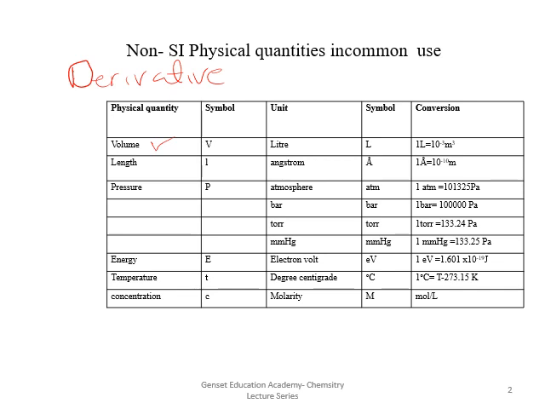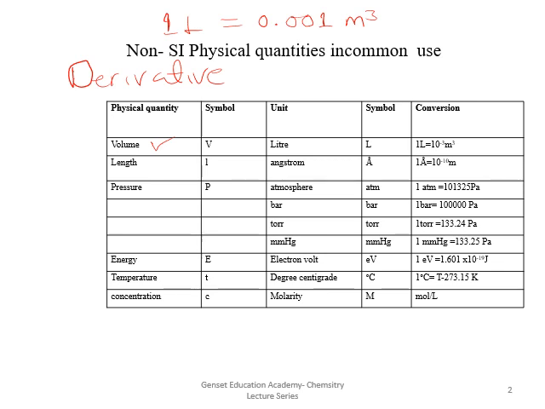The physical quantity volume, the symbol is capital V, and the unit we normally use is a liter, which is capital L, and the conversion is 1 liter is equal to 10 to the power negative 3 cubic meters, meaning that 1 liter is equal to 0.001 meters cubed.